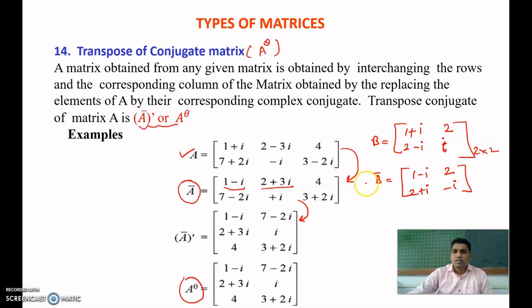This is the conjugate of the given matrix. Now I find the transpose of the conjugate matrix: 1 minus i, 2, 2 plus i, minus i. This is B theta, the transpose of the conjugate matrix. Likewise we can find the transpose of a conjugate matrix.